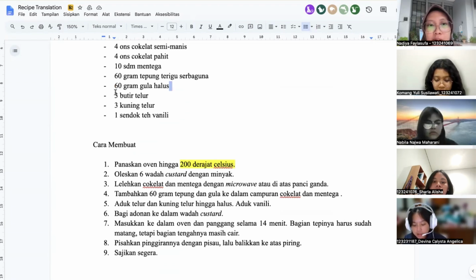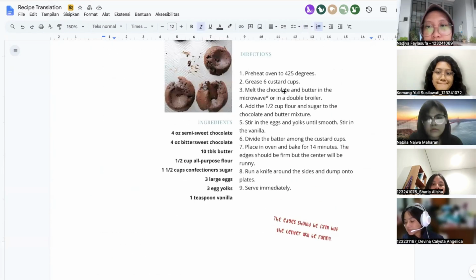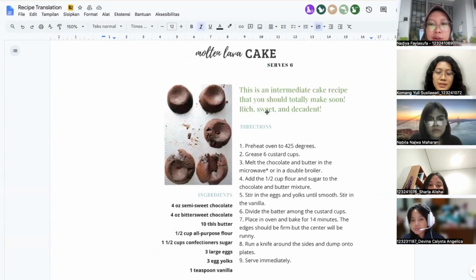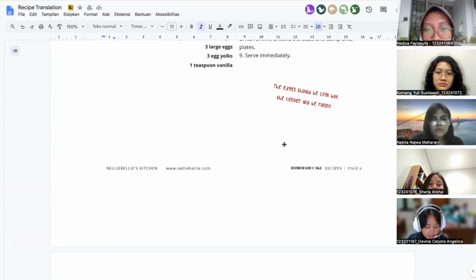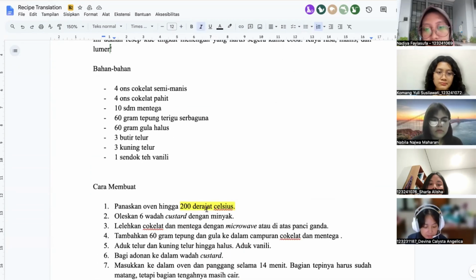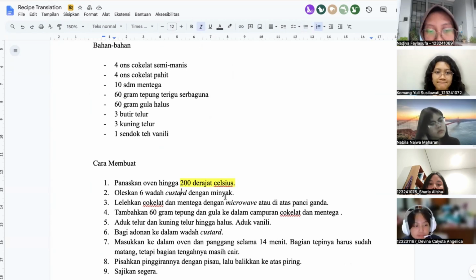That's why here we put 60 gram gula halus, 60 gram tepung terigu, instead of translating cup directly. Next here, 425 degrees. Because this is US English and the US uses Fahrenheit, we translate 425 degrees Fahrenheit into 200 derajat Celsius. That's the equivalent of Fahrenheit in Celsius.